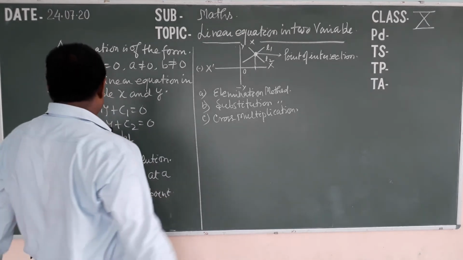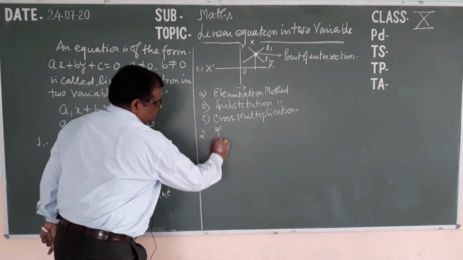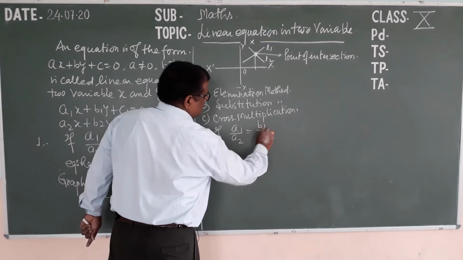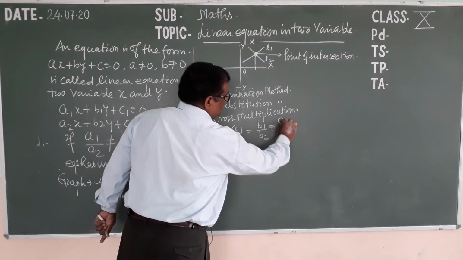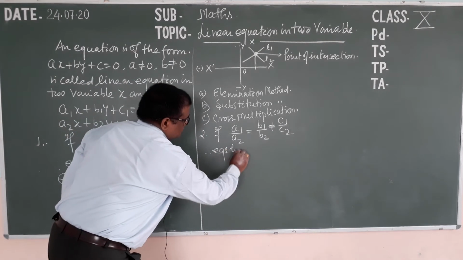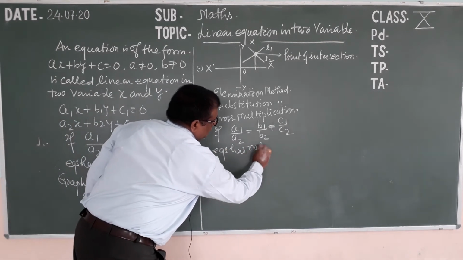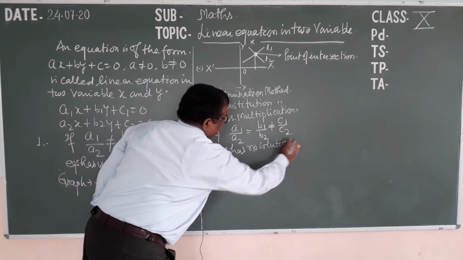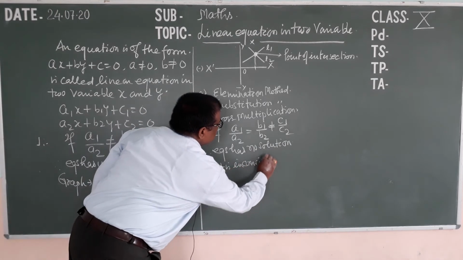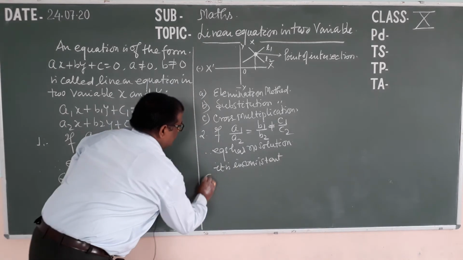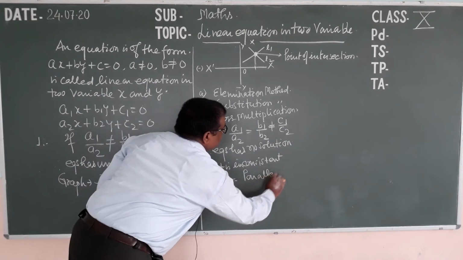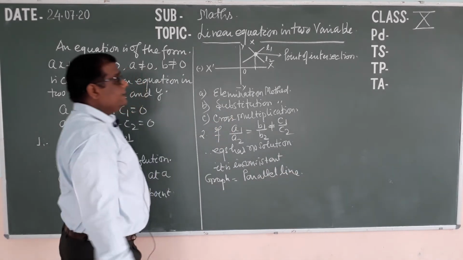The second condition: if a1 upon a2 is equal to b1 upon b2 is not equal to c1 by c2, therefore the equation has no solution and it is inconsistent, and the graph will be parallel lines. What are parallel lines?